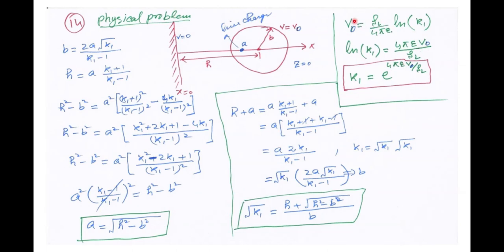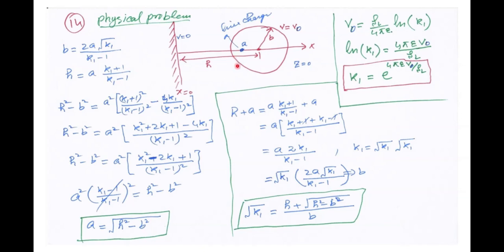So using that expression we can write k1 equal to e power 4 pi epsilon v naught divided by rho l. So now we have obtained k1 square root in terms of h and b. Similarly, the position of line charge in terms of h squared minus b squared.